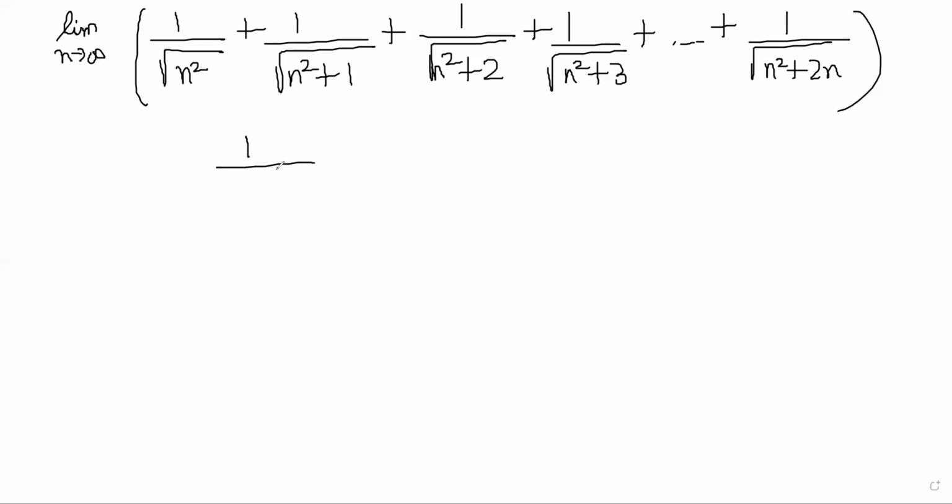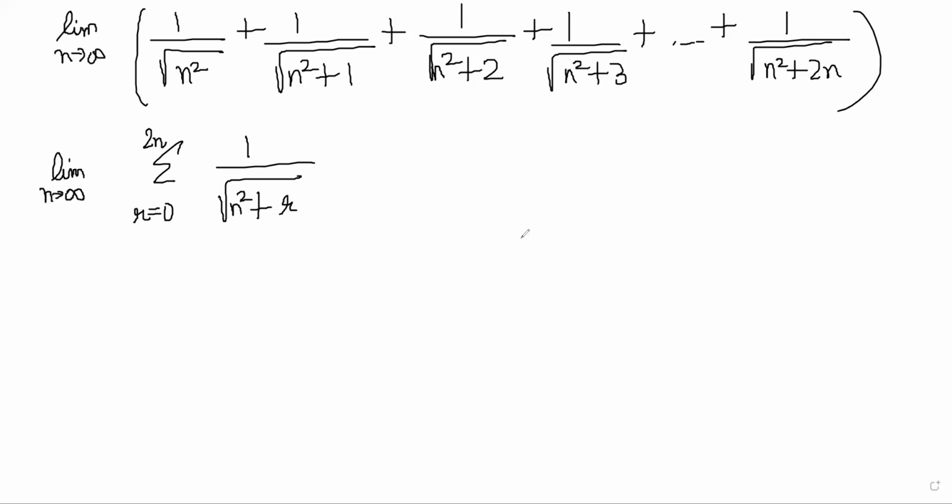So general term here is what? Root over n square plus r, right? This is my general term. Summation r goes from 0 to 2n. This is what you have to sum, and then take limit n tends to infinity.